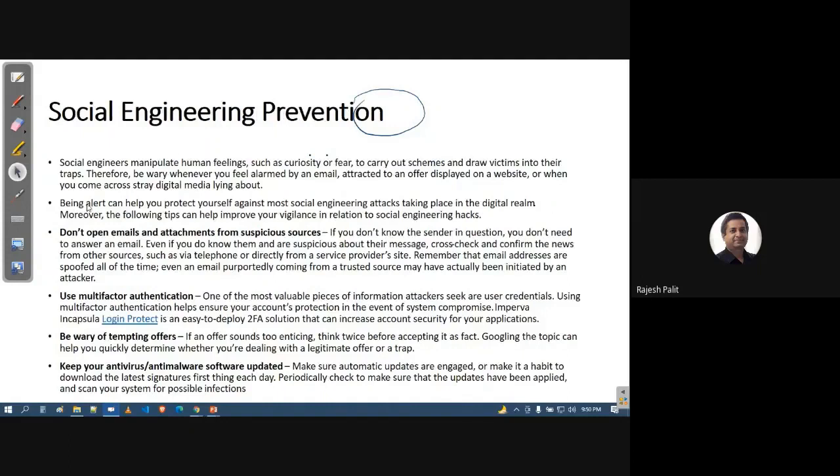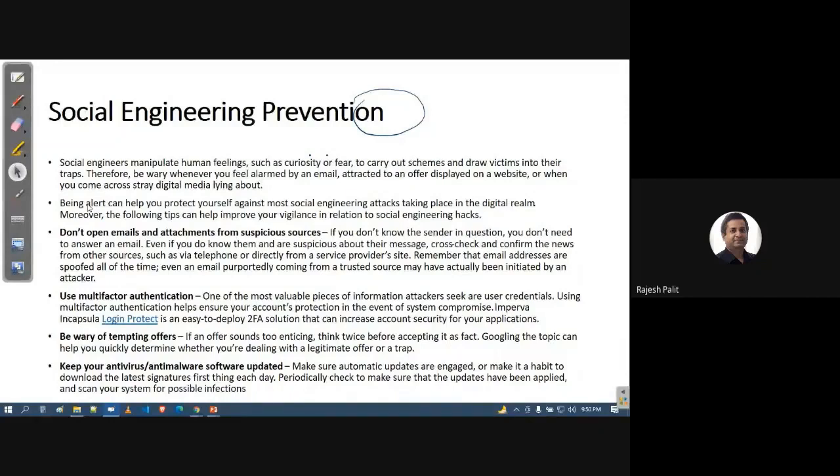So how to prevent social engineering attacks? Do not open emails or attachments from suspicious sources. Use multi-factor authentication, right? You know what multi-factor authentication is, right? One factor may be a username and password. Another factor may be an OTP over the telephone number, right? So that could be two factor.